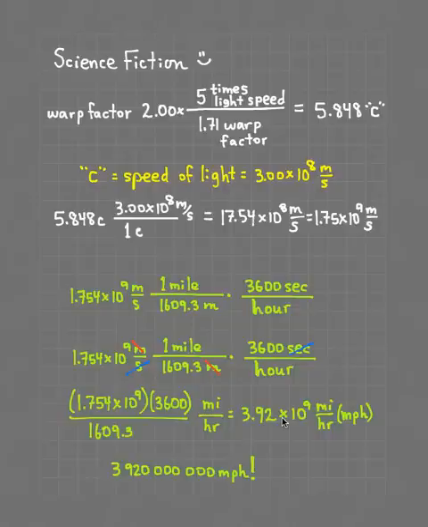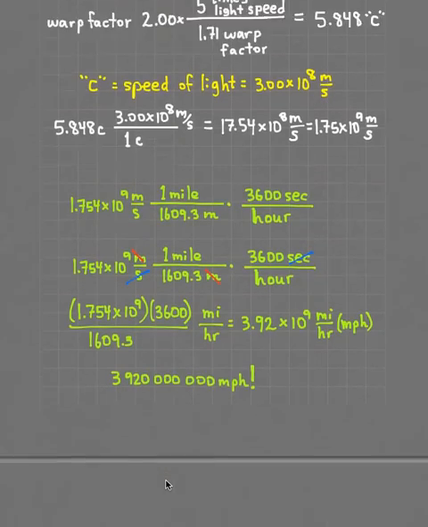And paying attention to sig figs, I rounded here, but then I carried another digit here. Alright, so I didn't round too soon. But if this had 3 sig figs up here in the very beginning, and I don't limit the sig figs with my conversion factors, this should have 3 sig figs. Wow, that's fast.